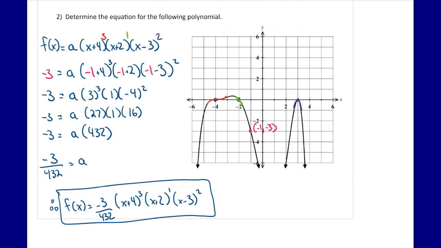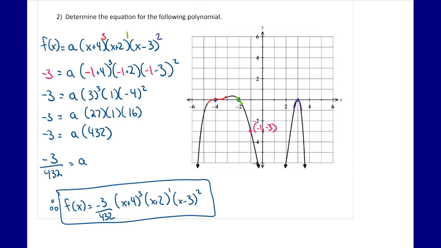That's an even degree, so it should be entering and exiting in the same way, which we do see on the two ends. They're both in the same direction, right? And we know about the characteristics of each solution or each root, because that is how we were able to determine the degree of each factor.